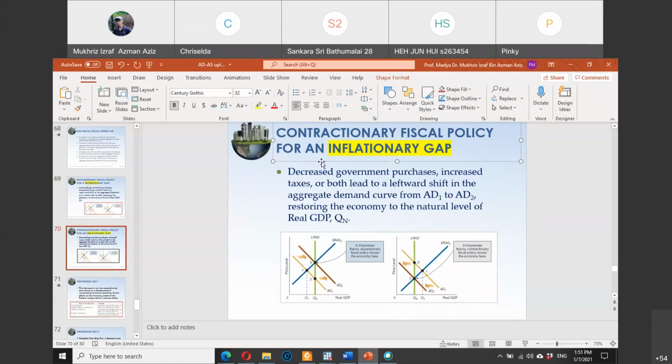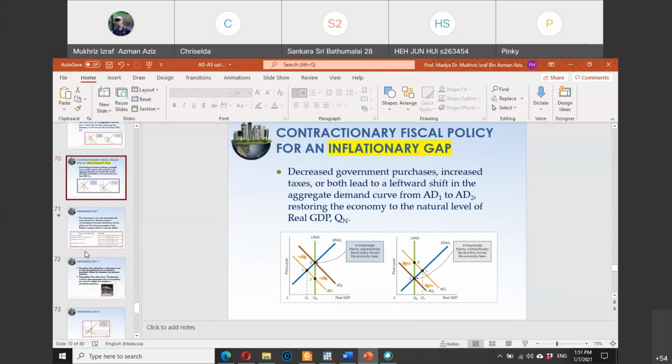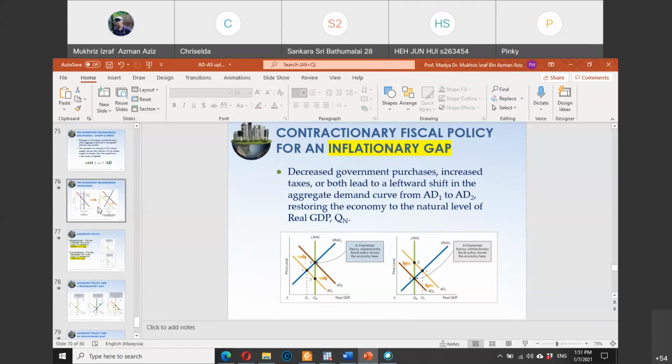So in order to reduce inflation, if the government uses fiscal policy, it is what we call a contractionary fiscal policy, by reducing spending and increasing tax. So just the opposite of the expansionary fiscal policy.